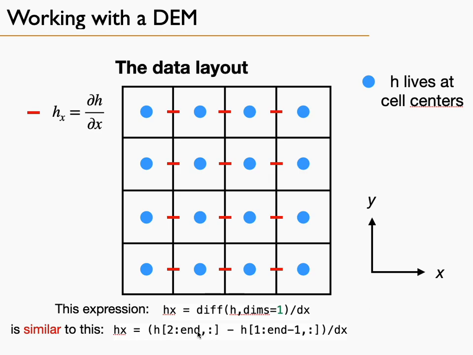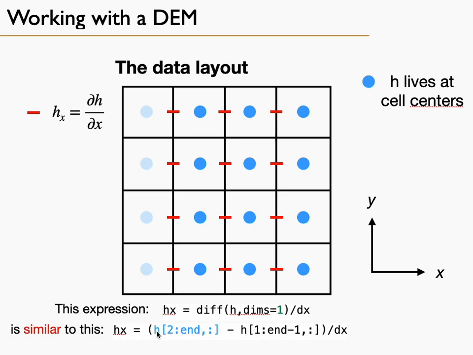Here, we basically subtract 2 parts of the arrays to make the difference. So let's start. We have Hx is h from 2 to n, colon, minus h 1 to n minus 1, colon, divided by dx.